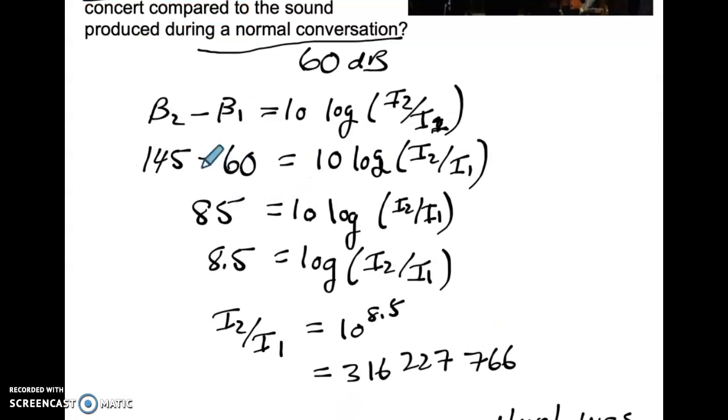So we've plugged in our numbers. I subtracted the 145 by 60 to get 85, and then we're trying to get this ratio alone, so I divided both sides by 10, which got me 8.5 equals the log of the intensities. And then to isolate the intensity, I switched to exponential form, and then I typed it into my calculator.